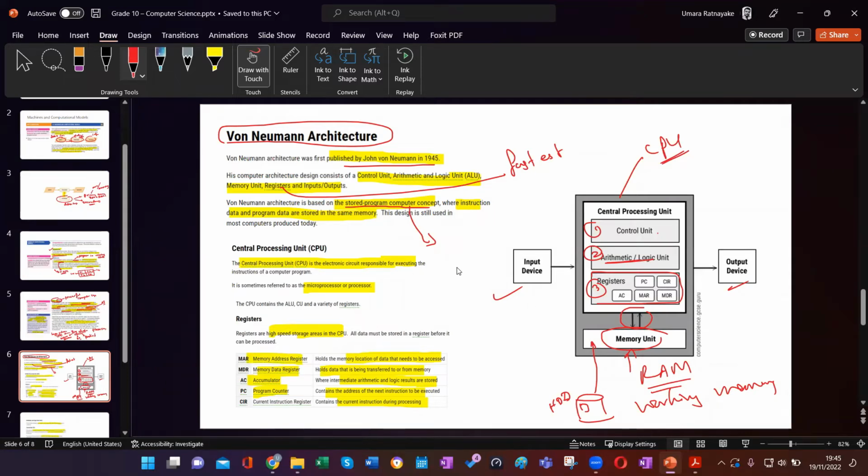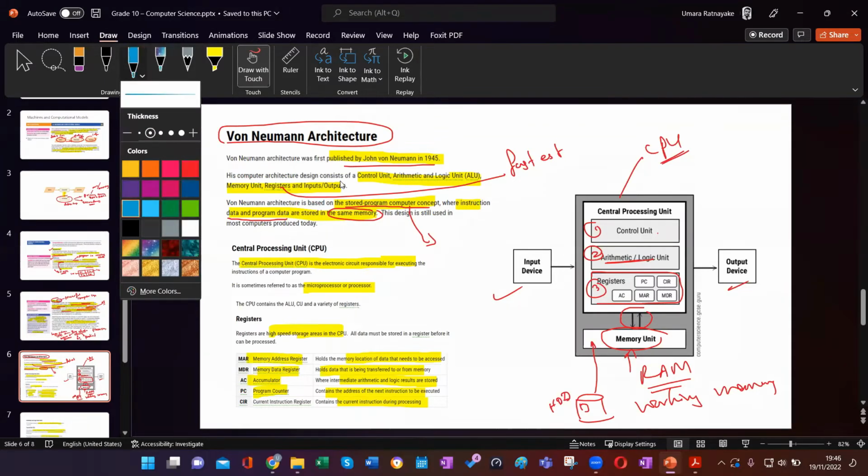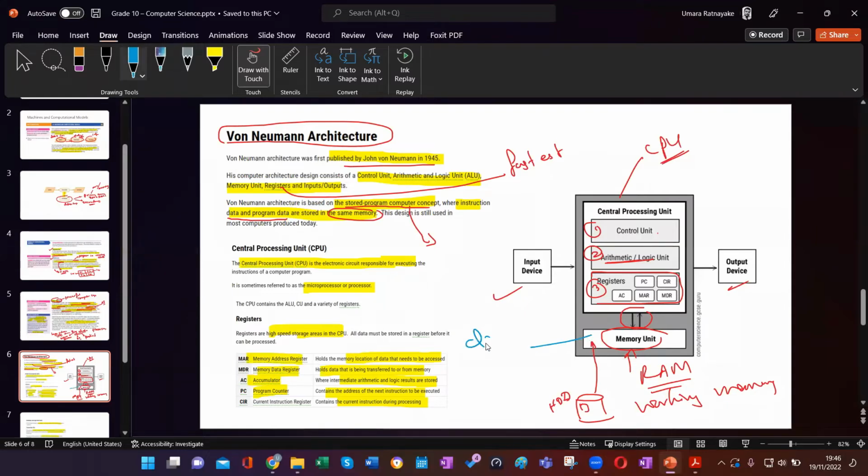Yes, sir. Right. Now, the other thing you have to remember here is that instruction data and program data are stored in the same memory. That means you keep both data and instructions in the same RAM. The RAM will hold both the data and instructions, because everything runs on the memory.